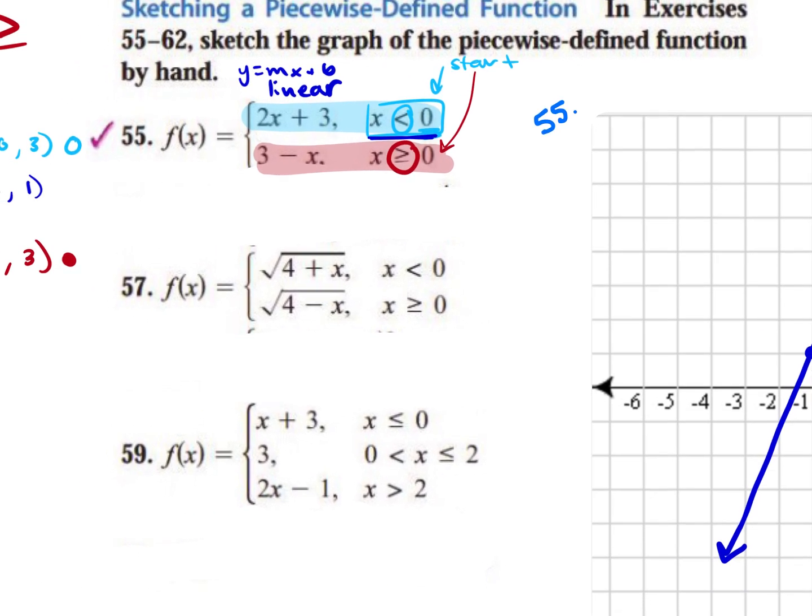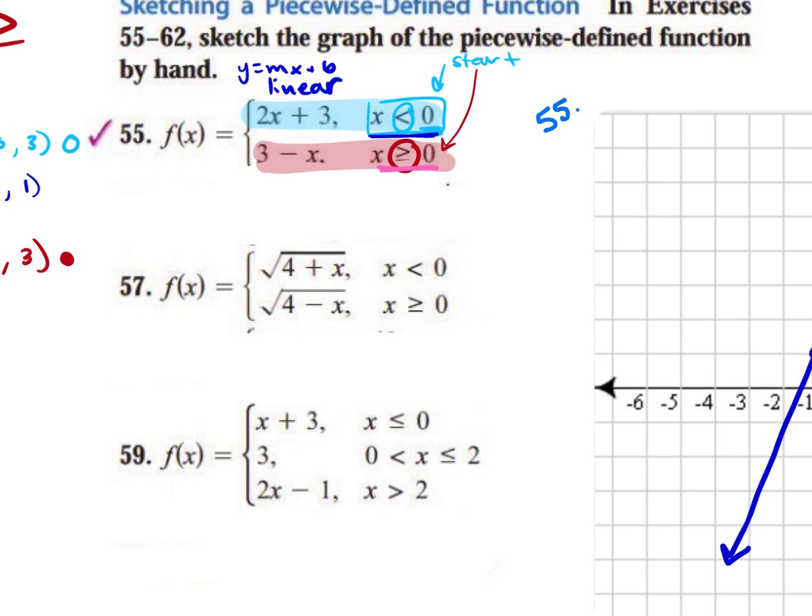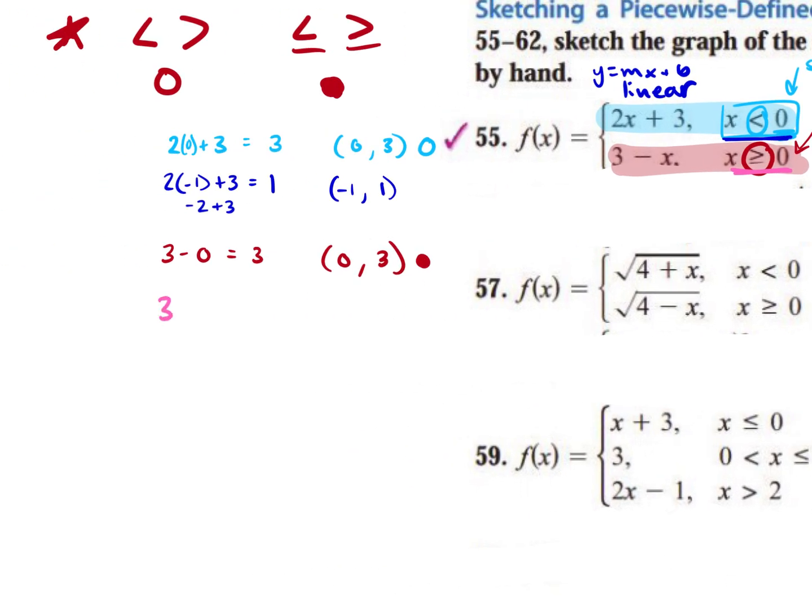Now for our next point, the one that gives it direction, we need to plug in a number that satisfies our inequality. So x is greater than or equal to 0. What's a number that's greater than 0? Equal to, we already plugged in 0. So what's a number that's greater than 0? 1. Sure, let's plug in 1. 3 minus 1 would be 2. So we plugged in 1 and got 2.